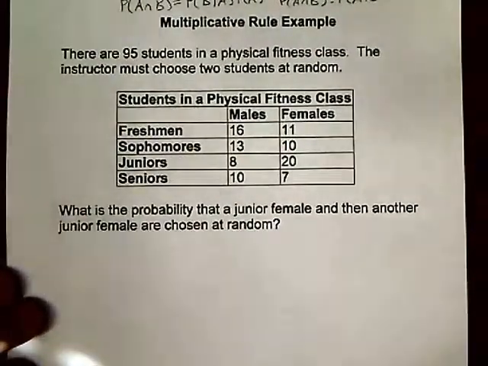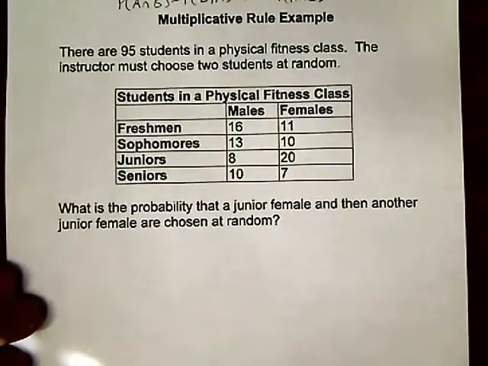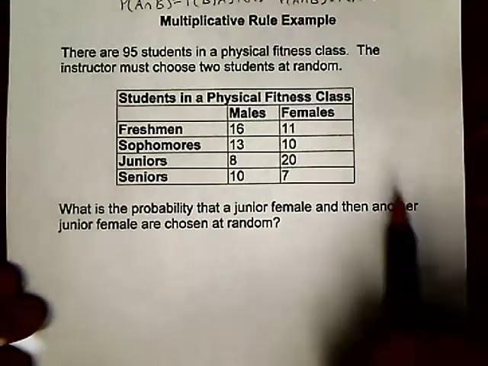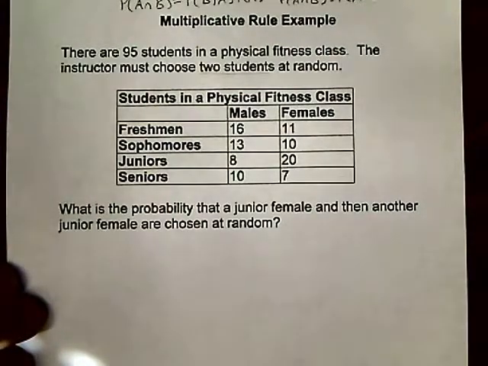And the question here is, what is the chance that a junior female and another junior female are chosen at random? Okay, so the instructor is going to choose two students at random for some activity, suppose, and what's the chance that two junior female students are chosen?